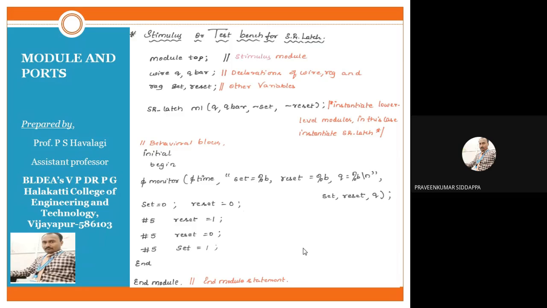But next, after 5 time units, reset becomes... whichever inputs you have mentioned for that pattern, we will get the output. Next I have written #5 set equals 1. So serially you should add all the delays.